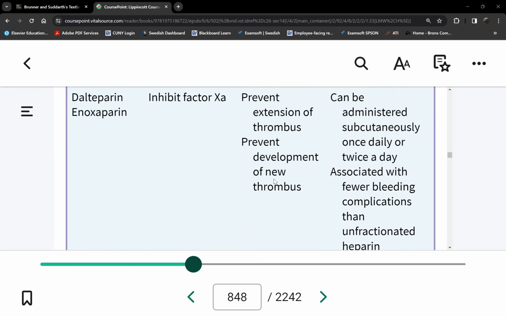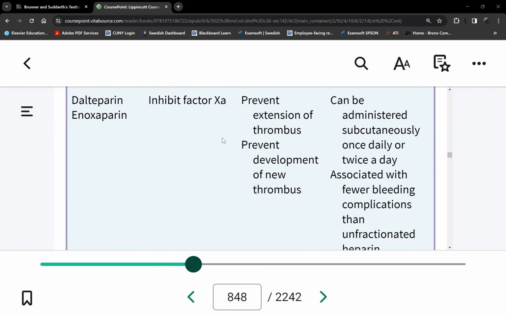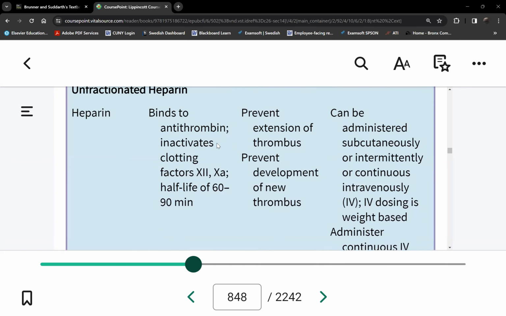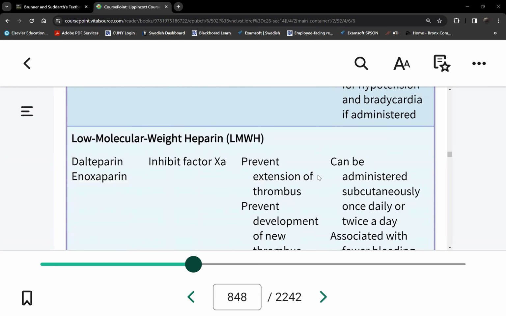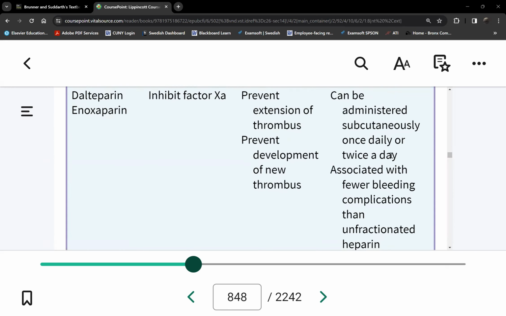Now you'll notice that the dose is once or twice a day. In heparin, what's the half-life? 1 to 1.5 hours. It doesn't mention here, but low molecular weight heparin half-life is 12 hours. So that's why it's given twice a day. It has a longer half-life.